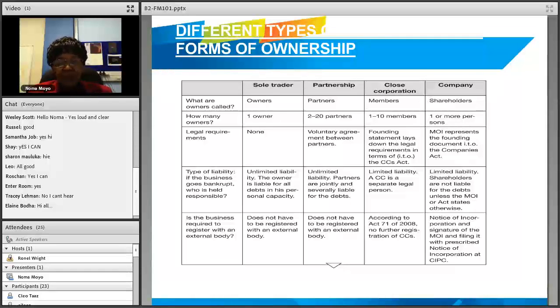Their liability is limited. Shareholders are not liable for any debts unless the memorandum of incorporation or act states otherwise. Notice of incorporation and signature of the memorandum of incorporation and filing in which prescribed notice of incorporation is required. So they are legal requirements.